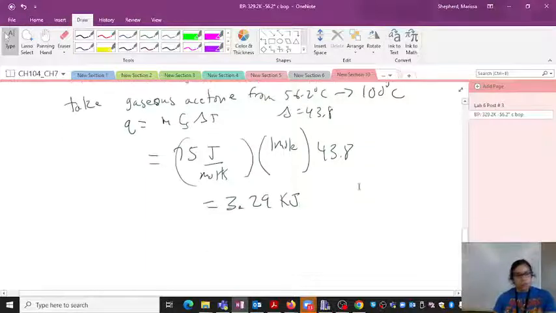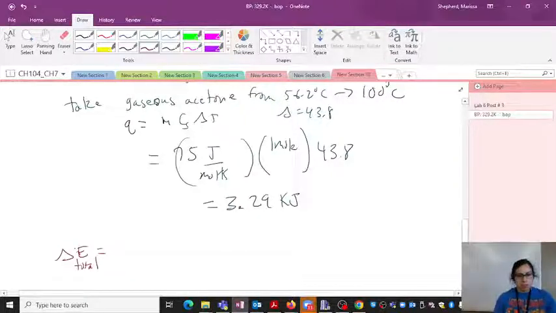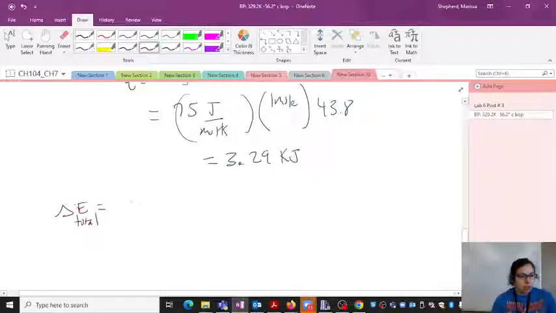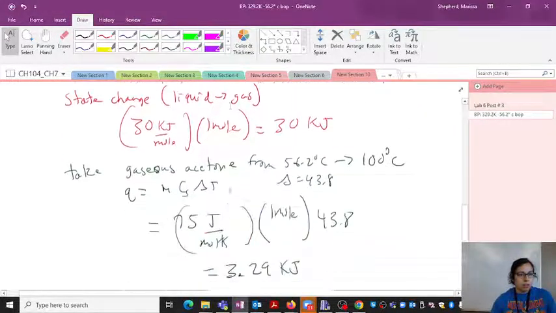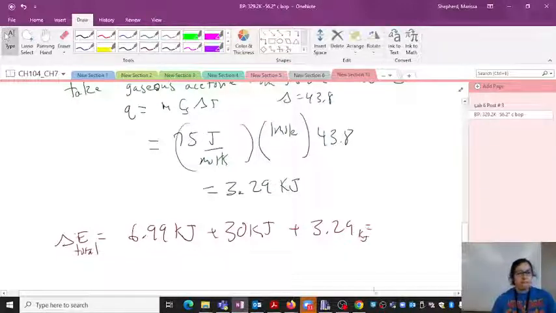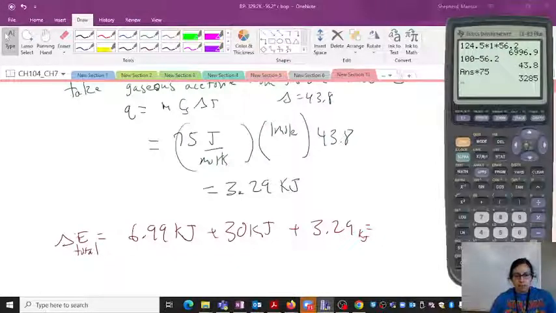And so of course now we want the total energy of this transformation. So our total E, now we can just add up all our processes. So starting with our leg 1, so 6.99 kilojoules plus 30 kilojoules plus 3.29 kilojoules, so let's see what that gives us.